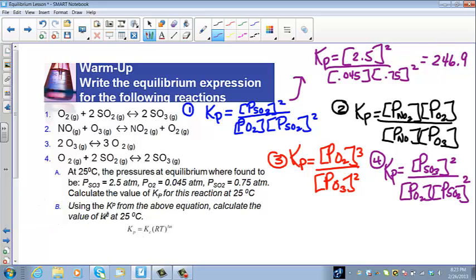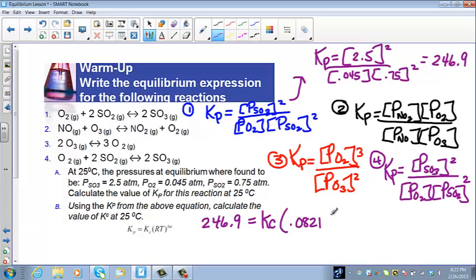Next one, using the Kp from the above equation, calculate the value of Kc at 25 degrees Celsius. So we said Kp equals Kc times RT to the delta N. Our Kp is 246.9, equal to Kc times our R, 0.0821.